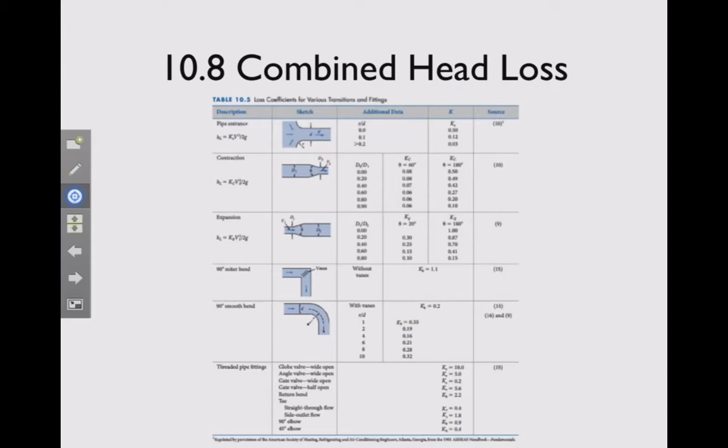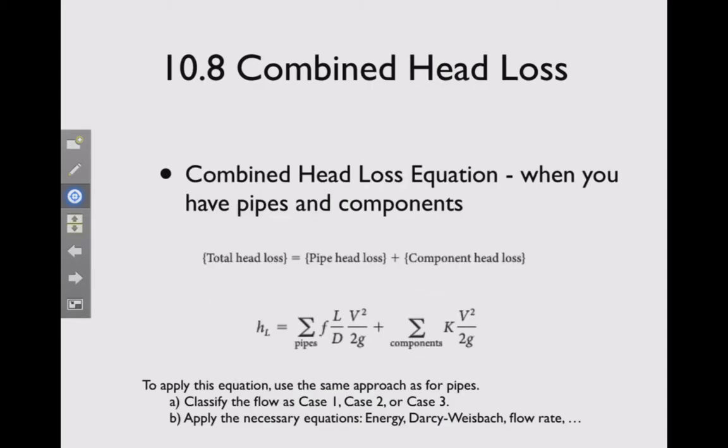So we determine what sort of situation we have, what the dimensions are, come onto the table, and grab the appropriate K value and use that in the equation for the head loss for the components.